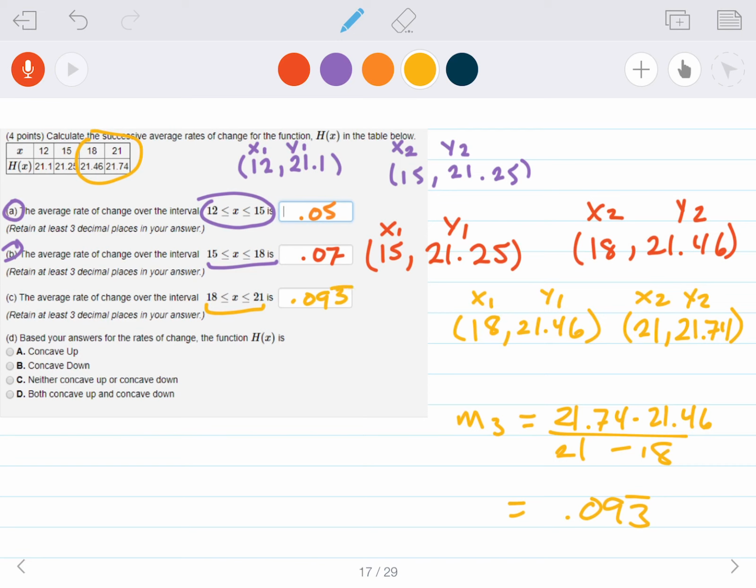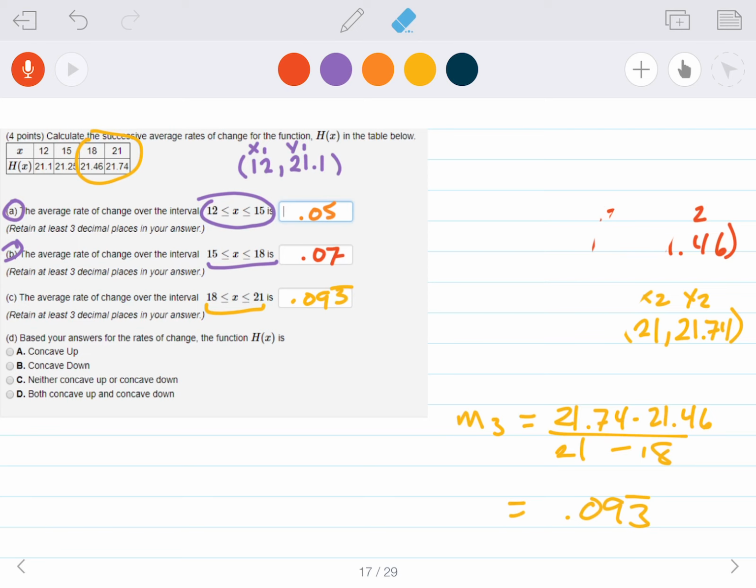All right. So the next question says, based on your answers for the rates of change, is the function concave up, concave down, neither, or both concave up and concave down, just based on what we found here? Well, what's happening with the slopes as the x values get bigger and bigger? That's what we want to know.